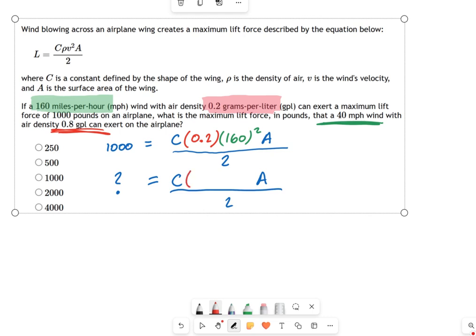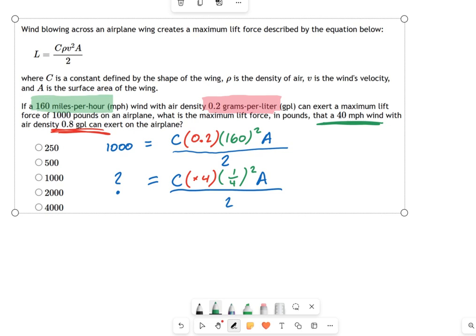The density is now 4 times thicker air. Okay, the density value has gone up by times 4. But if you look at the velocity, something different happens. Velocity got cut from 160 down to 40. That's like getting cut by a quarter. Okay, so I'll write 1 divided by 4 there, and it's still going to be squared.